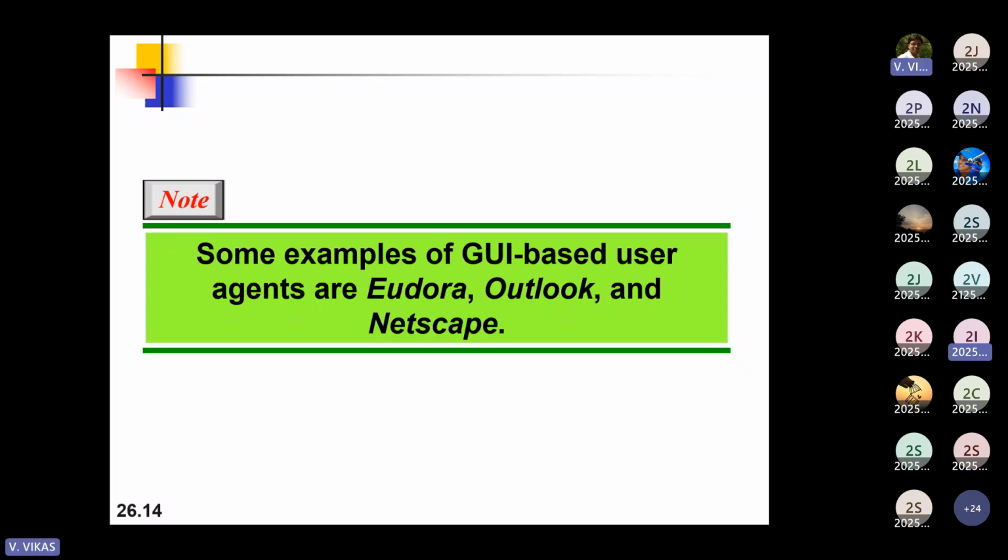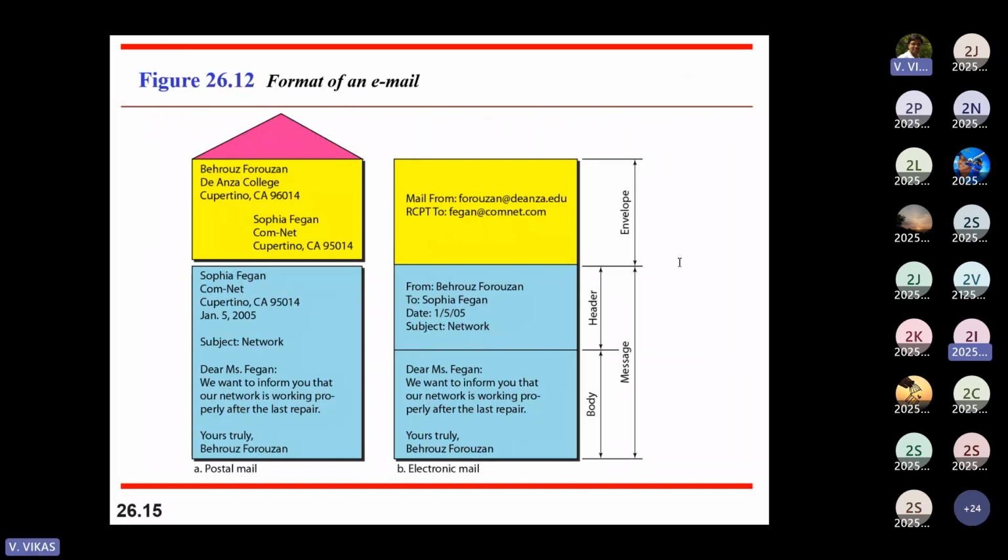Okay. So when we compare conventional postal mail with electronic mail, we will have something like this. In a conventional mail system, let us say you have written some letter. We are not writing letters nowadays, but maybe 10 years back we didn't have mobile phones like this, right?